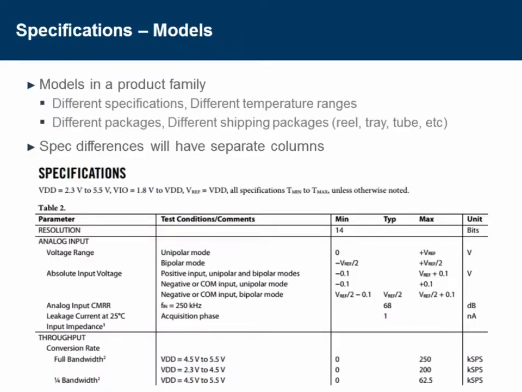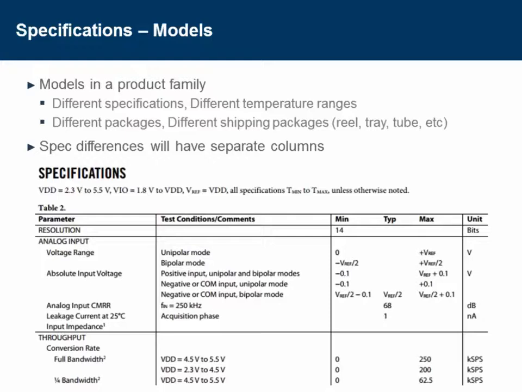So then we have a situation such that the top of the data sheet is like the family name of the product, and in most cases there will then be models of that product, which are the actual things that you buy, and those models may have different temperature ranges. In some cases they'll be in different packages.